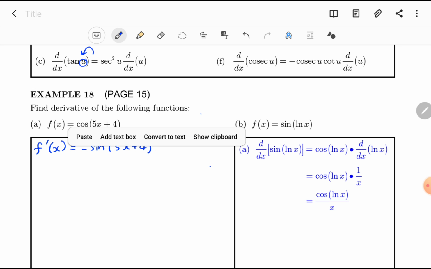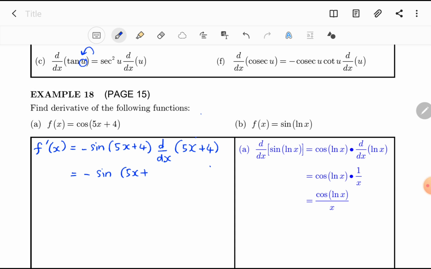And next, we need to multiply by the derivative of the angle, d dx of 5x plus 4. So we have negative sine 5x plus 4 times 5. Or the final answer is negative 5 sine 5x plus 4.